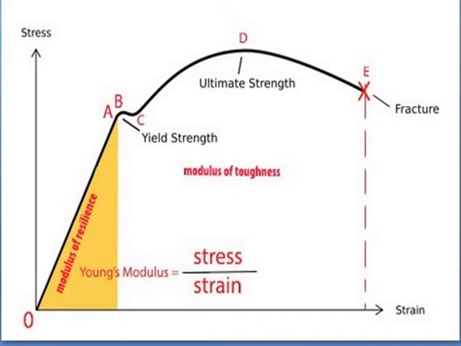The strain is determined by dividing the elongation values by the gauge length. Next, the values of the stress and the corresponding strain are used to draw the stress strain diagram of the material tested. Here in this figure, the stress strain diagram is conducted for mild steel. The various properties of the material can now be discussed.